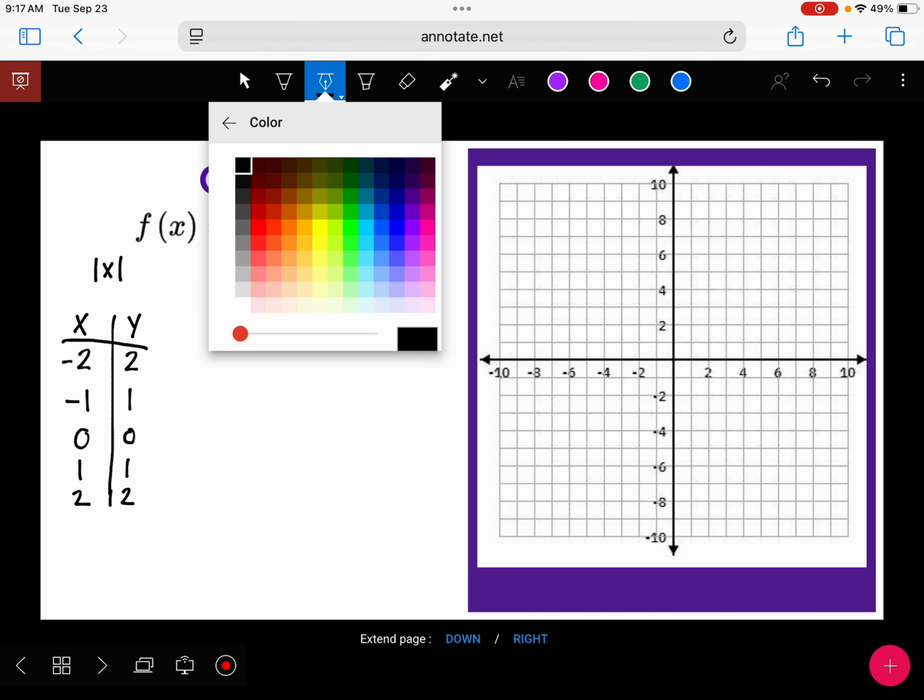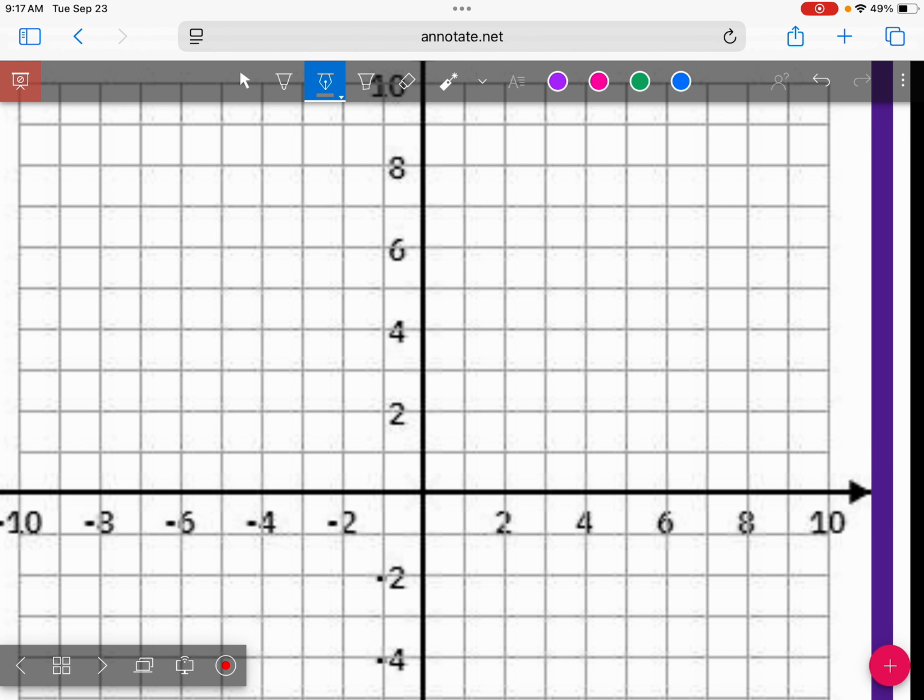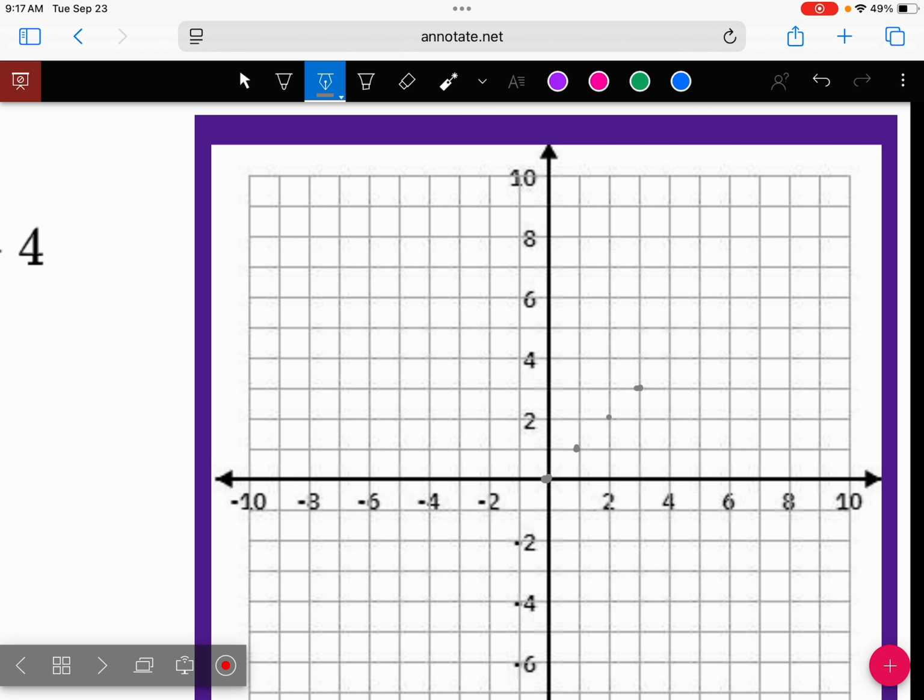Absolute values are our very V-shaped graphs. Again, you don't have to graph the parent function. If it helps you, graph it. If it doesn't help you, don't graph it. That would be what the parent function for our absolute values looks like.